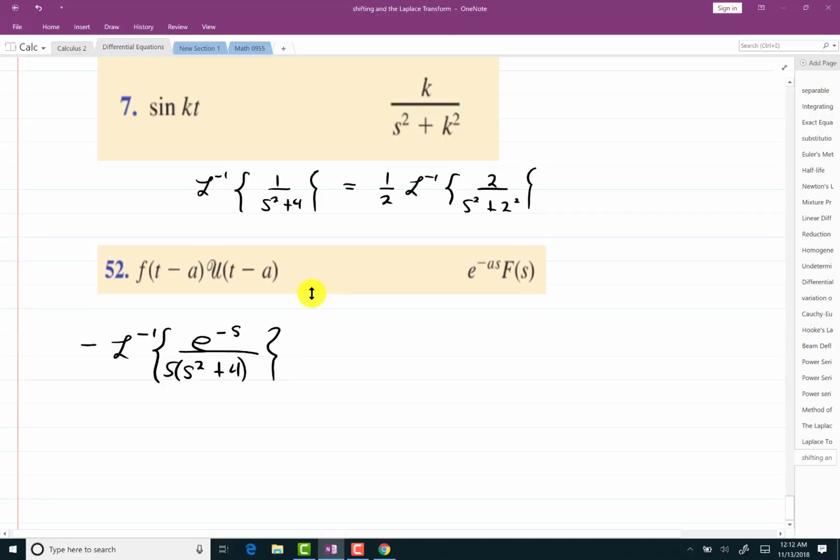Here, we can think of this. Let me put the negative out front. Let me put my e to the negative, and in case I need it listed for me, the a in this case will be 1. And then I'll have times 1 over s times s squared plus 4.